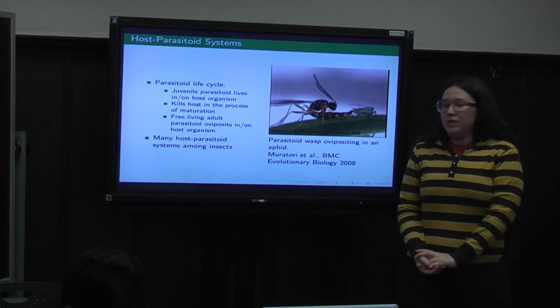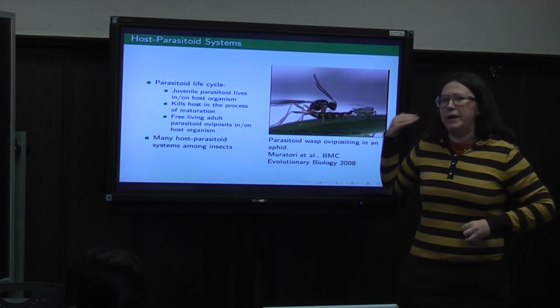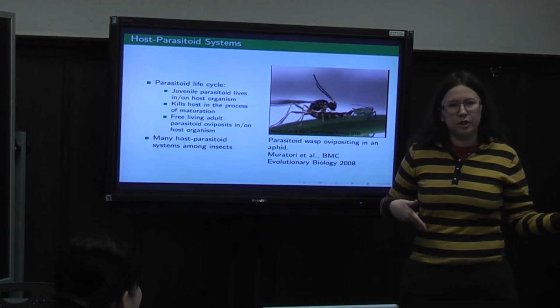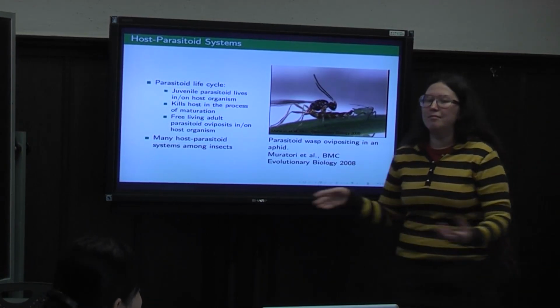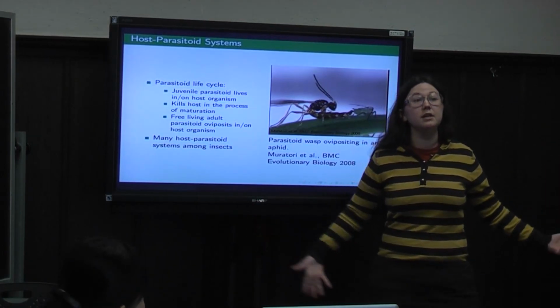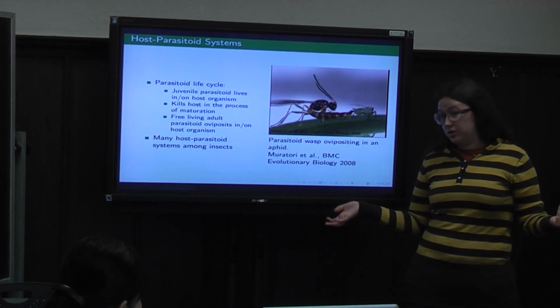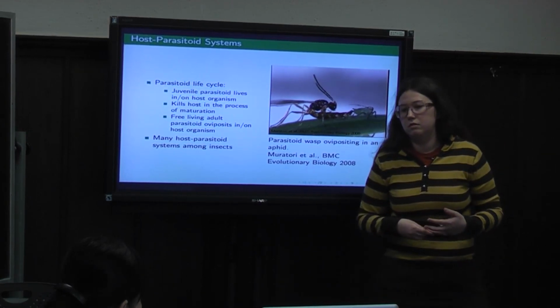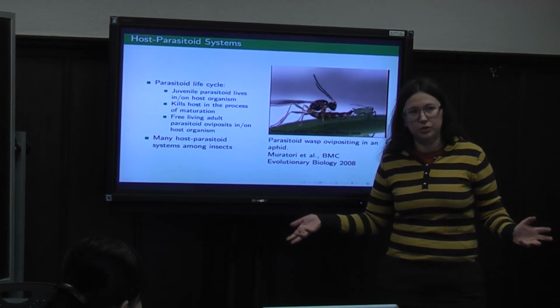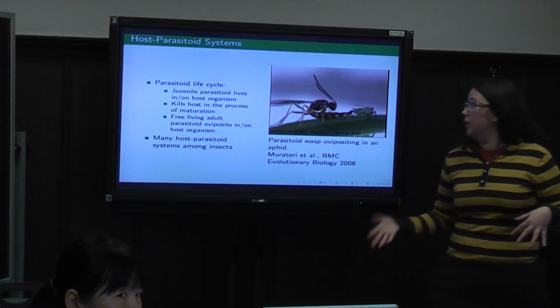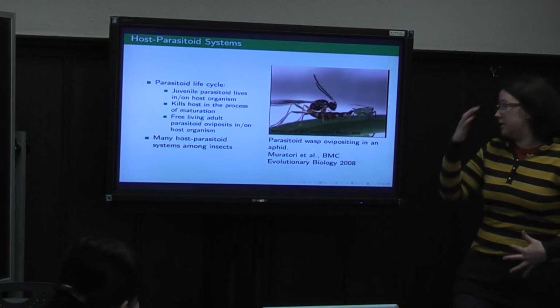So you see a lot of this kind of system among insects. The number that I've heard tossed around is something like 10% of insect species being parasitoids, which is pretty amazing, but also a whole lot of insects have parasitoids, at least among their natural enemies. So there are a lot of different systems.